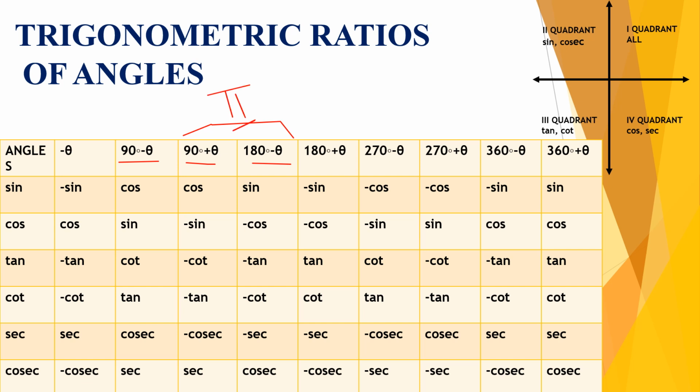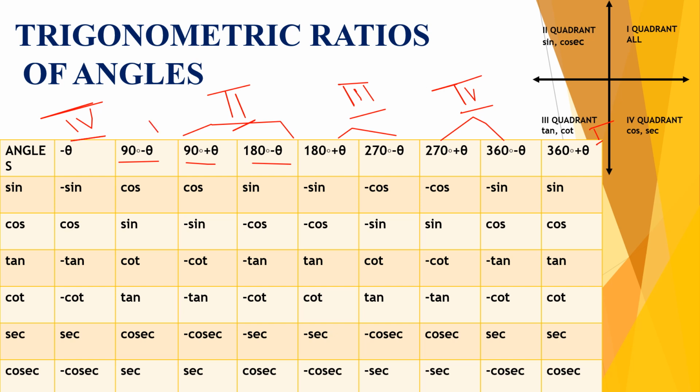Now 180 degree plus theta and 270 degree minus theta will be in the third quadrant. 270 degree plus theta and 360 degree minus theta will be in the fourth quadrant. 360 degree plus theta will be again in the first quadrant. I hope this will be very clear for you all.